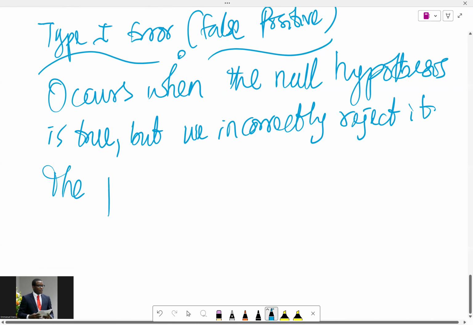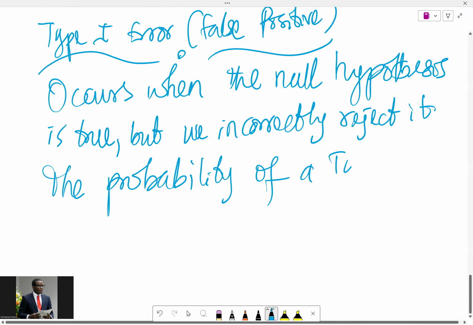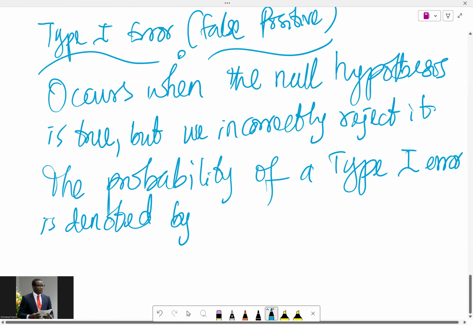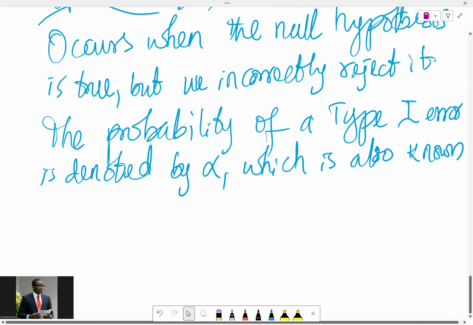So the probability of a type 1 error is denoted by alpha, which is also known as the significance level.